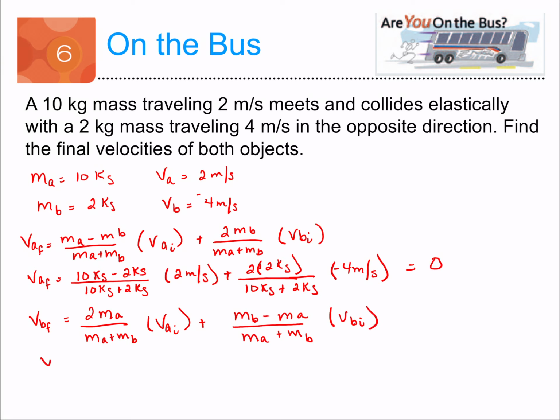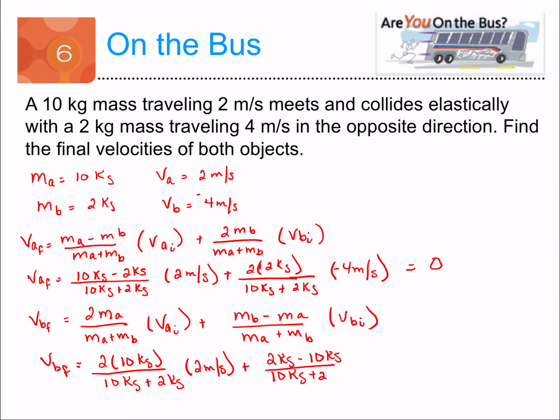So we put in our numbers, and the final velocity of B is going to be 2 times 10 kilograms divided by (10 kilograms plus 2 kilograms) times 2 meters per second plus (2 kilograms minus 10 kilograms) divided by (10 kilograms plus 2 kilograms) times minus 4 meters per second.